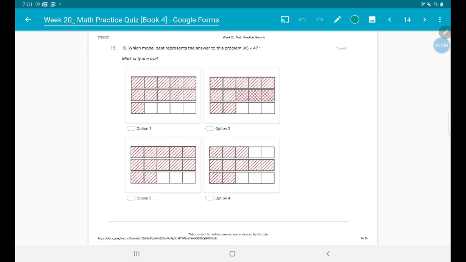Alright, and the last problem that we have, I'm looking to see which model best represents the answer to the problem 3/5 times 4. So I need 4 groups of 3/5. So here's 3/5. There's one group.